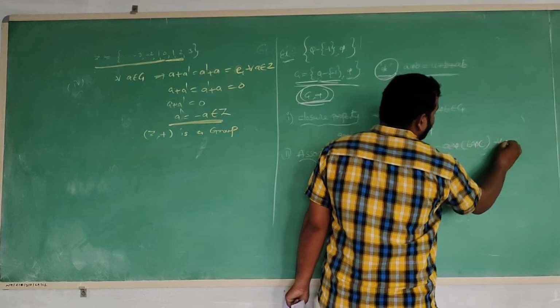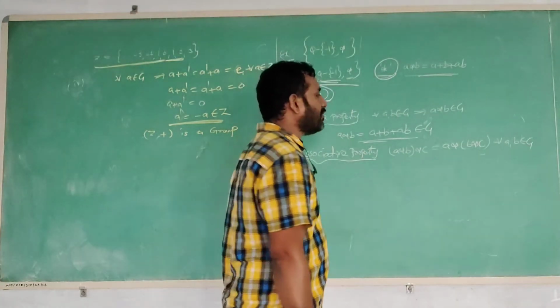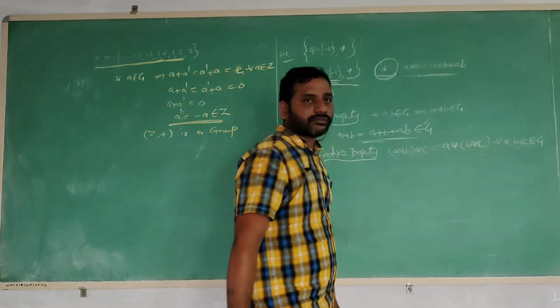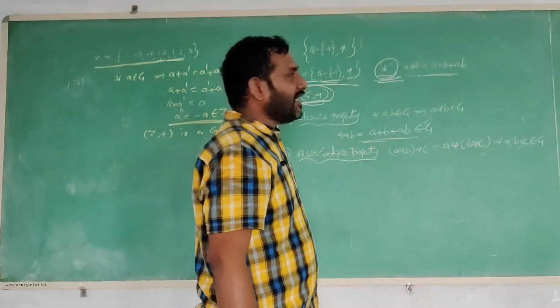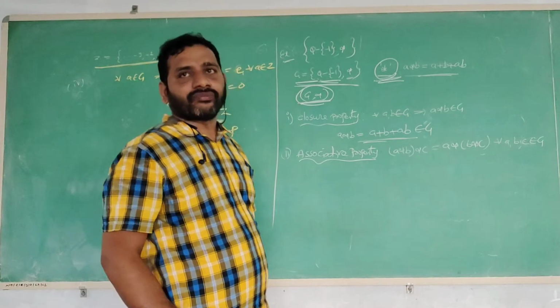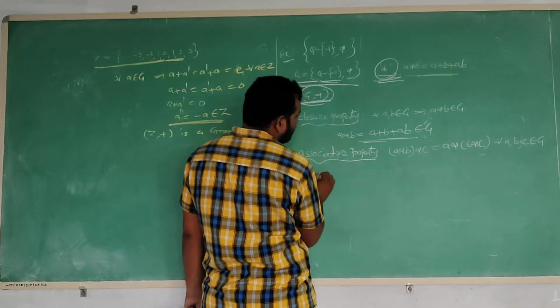And here the operation star is defined by a star b equals a plus b plus ab. Now I am taking the LHS, (a star b) star c.